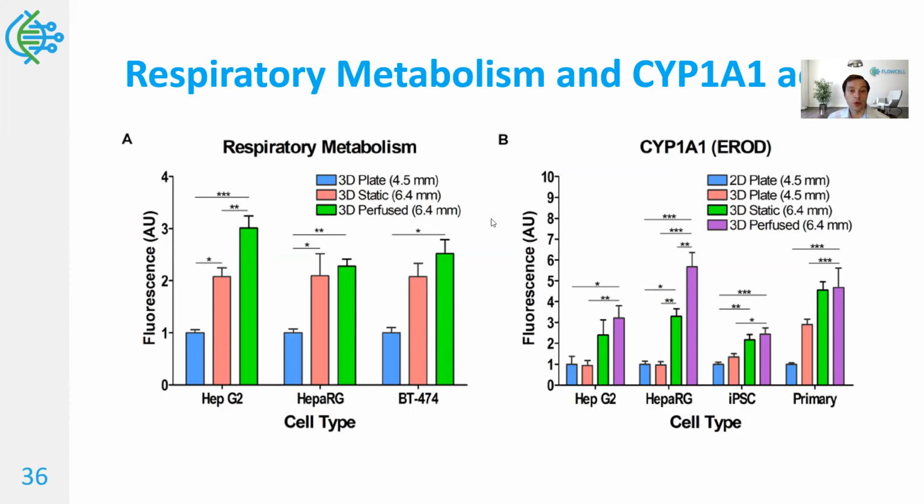And of course, perfusion adds to the efficacy of oxygenation and therefore respiratory metabolism, which is very important for cancer as opposed to glycolysis, for example. Here, one of the cytochromes is also showing enhanced activity as we move from 2 dimensions to 3 dimensions, especially with perfusion.